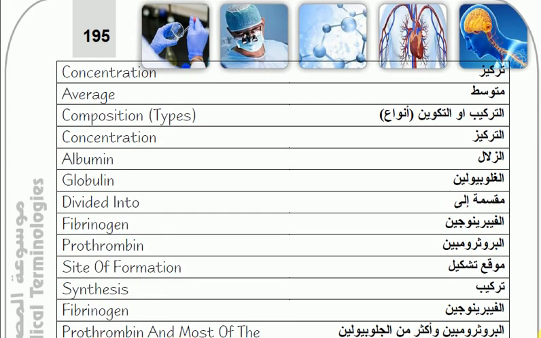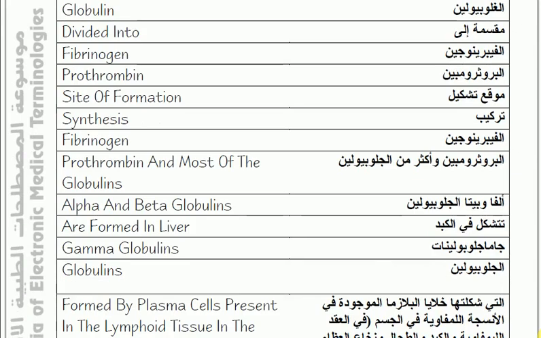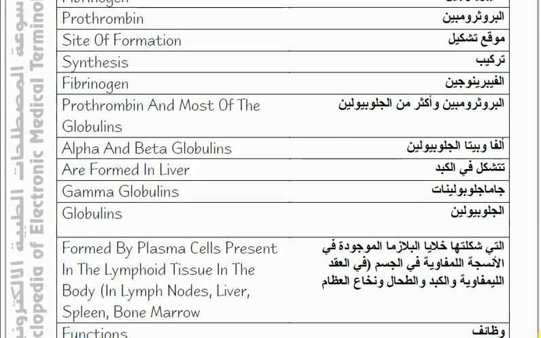Concentration, average, composition, types. Albumin. Globulin, divided into alpha, beta and gamma. Fibrinogen. Prothrombin. Site of formation, synthesis. Fibrinogen, prothrombin and most of the globulins, alpha and beta globulins, are formed in the liver.